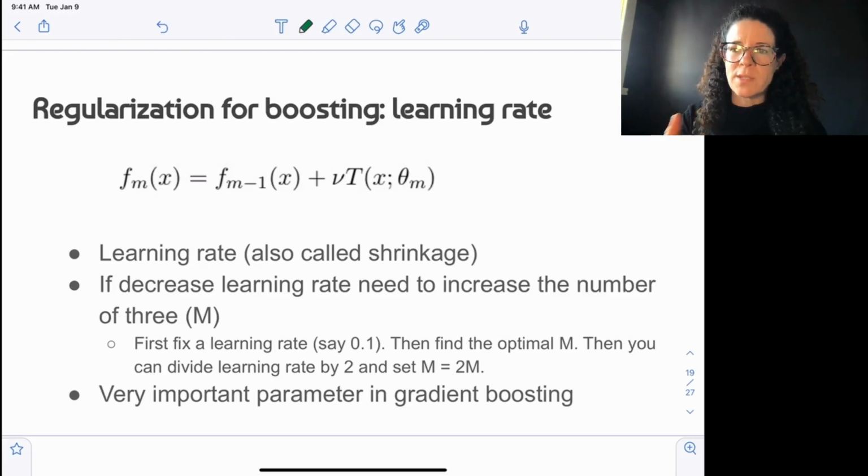This isn't a heuristic, but it seems to work well. This is just one of the most important parameters to make gradient boosting work: this combination of the learning rate and the number of trees.